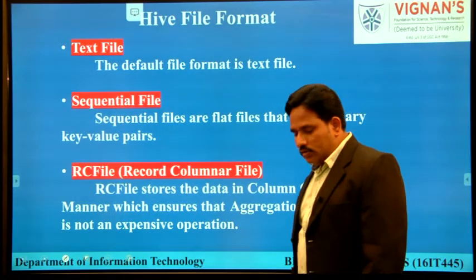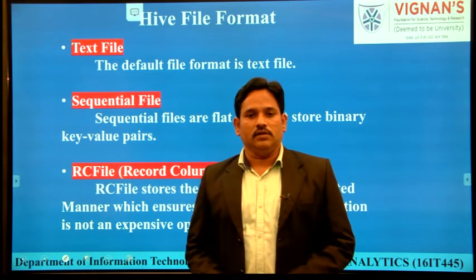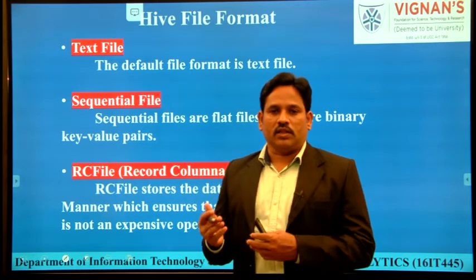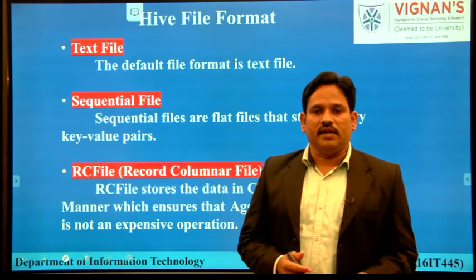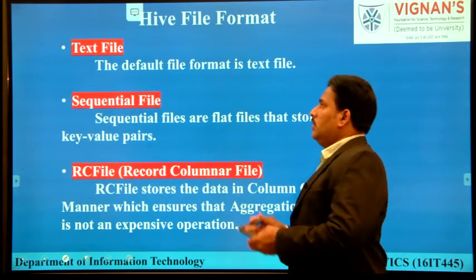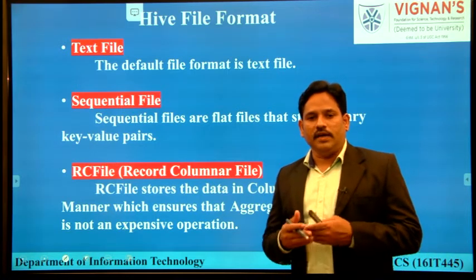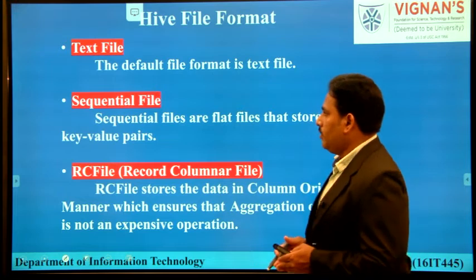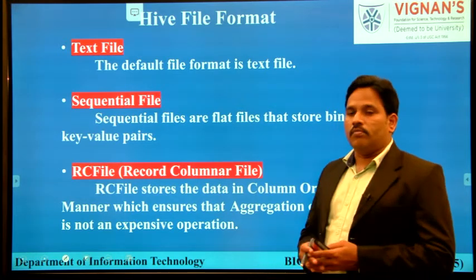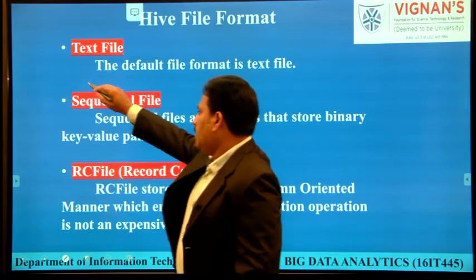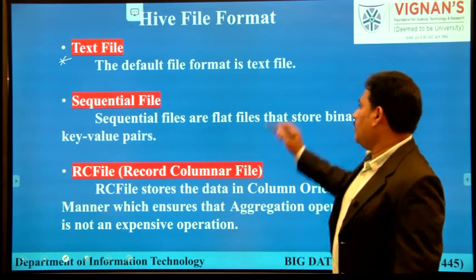Now we'll move to the various types of file formats that we can create or access in the Hive environment. That means the various techniques we have to create, store and access the data in Hive. Hive offers 3 different types of file formats: text file, sequential file or record columnar file. The default file format is a text file, a plain text file.